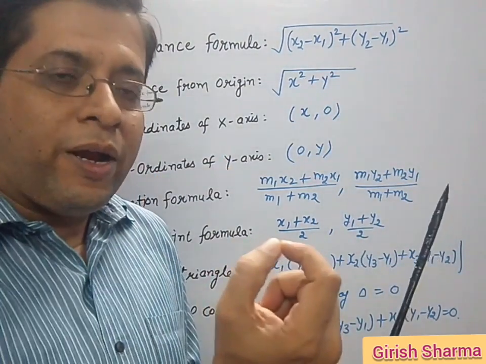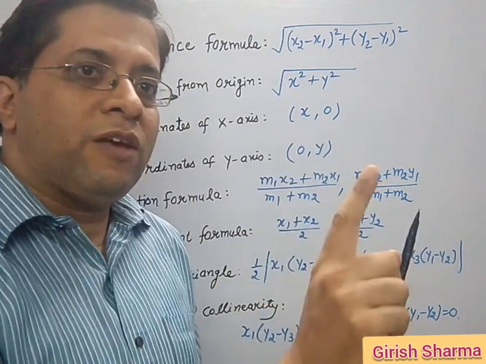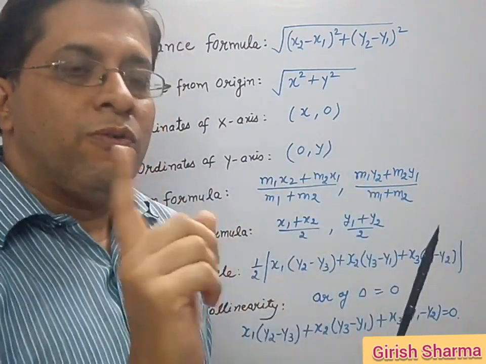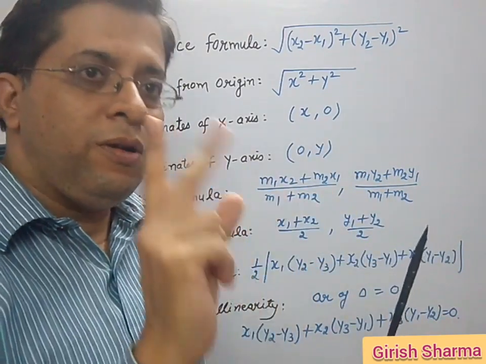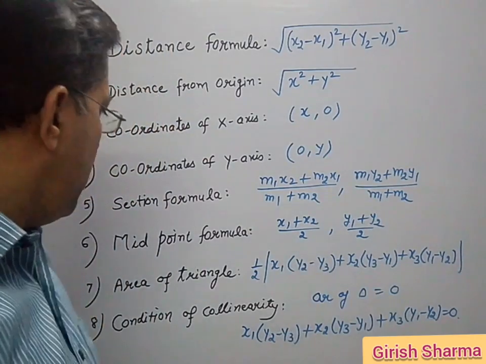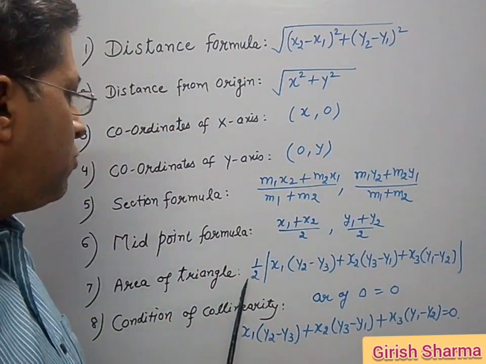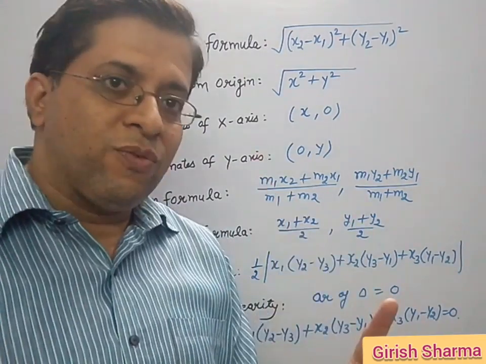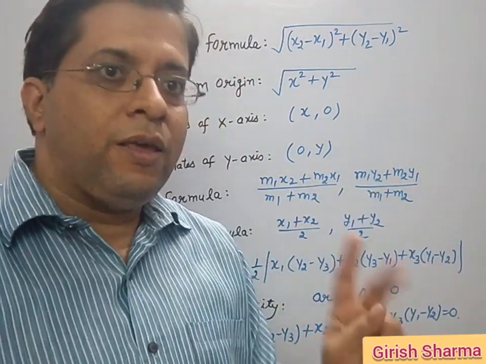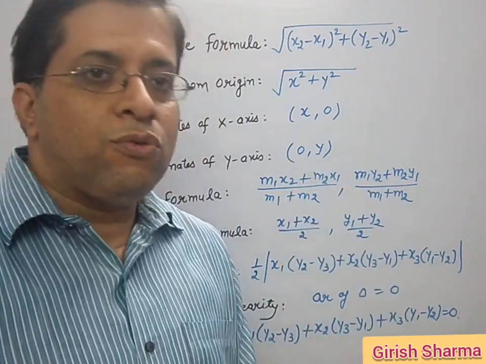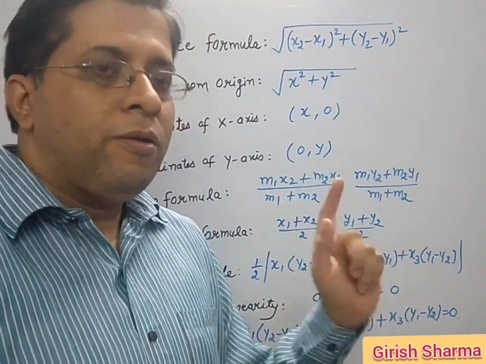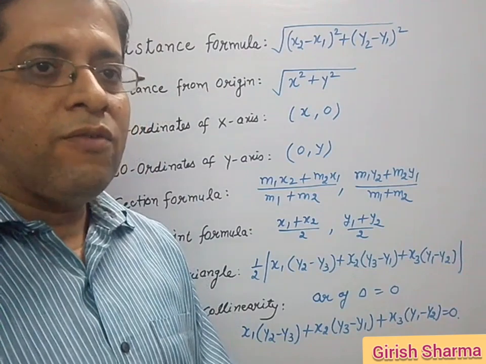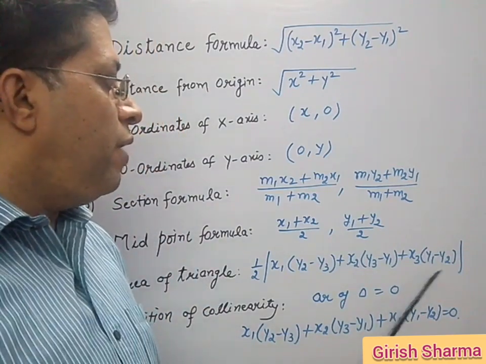Then what is the midpoint formula? Midpoint means middle point. This will be (x1 plus x2) upon 2, (y1 plus y2) upon 2. Then area of triangle. This will be half, then absolute sign, then x1(y2 minus y3) plus x2(y3 minus y1) plus x3(y1 minus y2).